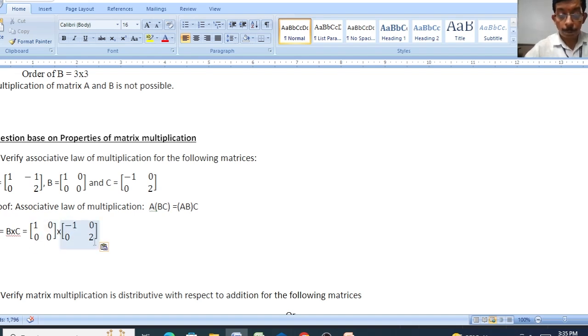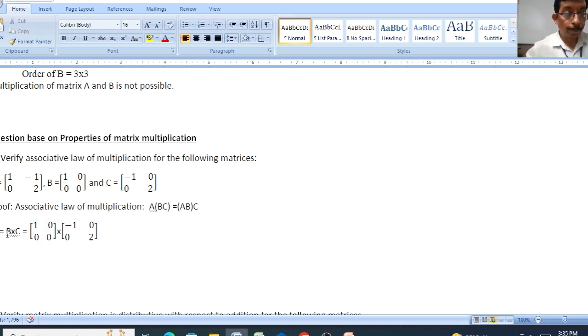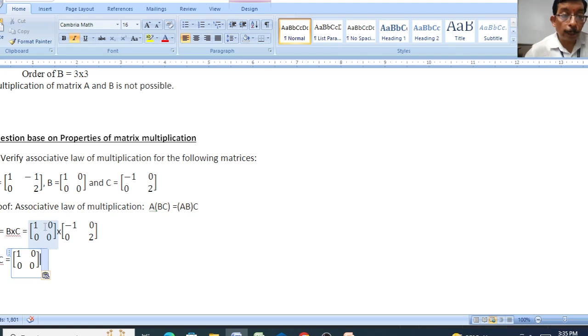Now the first row is multiplied by the first column. The first row element is multiplied by the first column element of the second matrix: 1 is multiplied by minus 1, plus the second element of the first row, which is 0, multiplied by the second element of the first column, which is also 0.